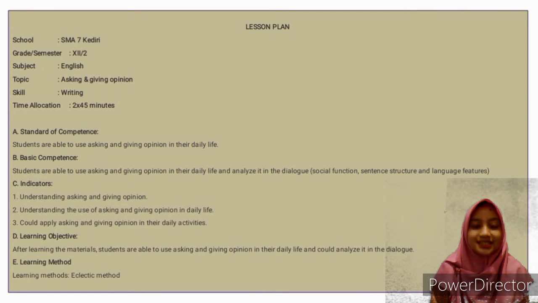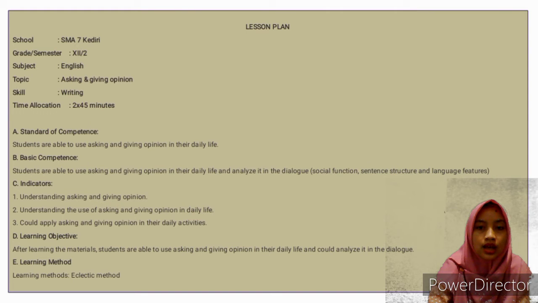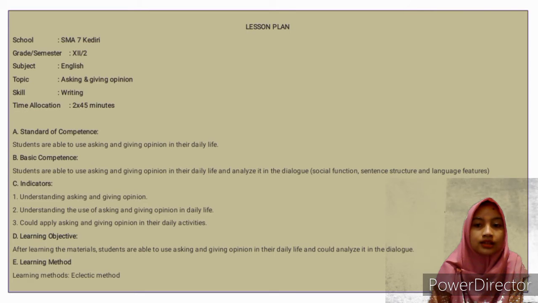Okay, for the second lesson plan. The second lesson plan is the same as the first lesson plan, but there are several differences. The topic is the same, but the skill is writing, and the standard of competence, basic competence, indicators, and learning objectives are the same. And then we are using a different learning method, the eclectic method.